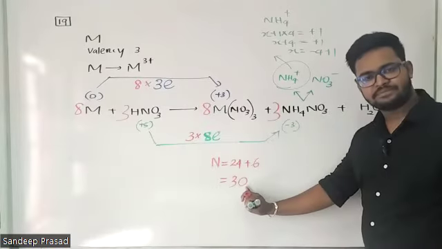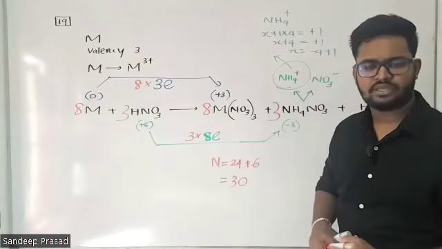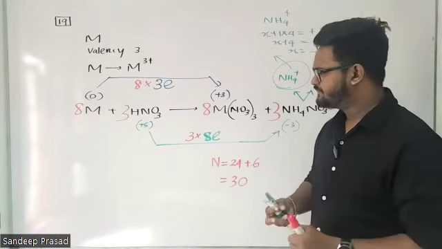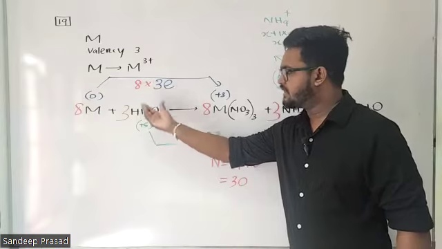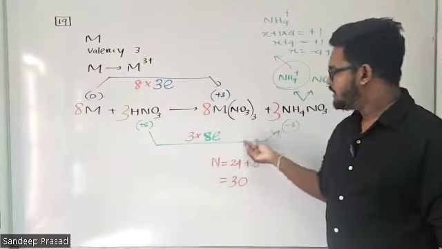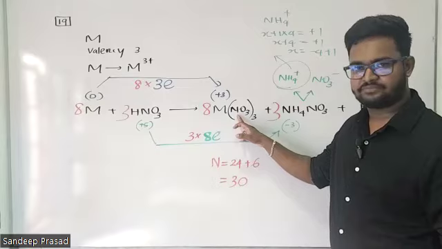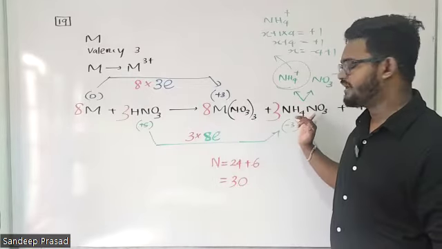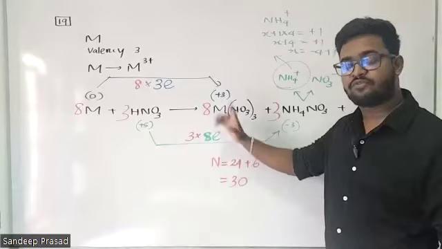There are 30 nitrogen atoms. But here we have only 3 nitric molecules. We know that these are the nitric molecules, or else these are the nitrogen atoms that are reducing. We didn't consider this nitrogen atom. This one. So those nitrogen atoms came from where?